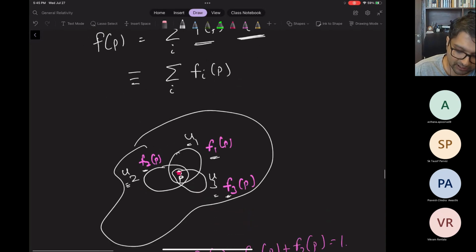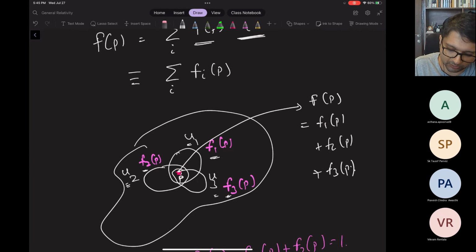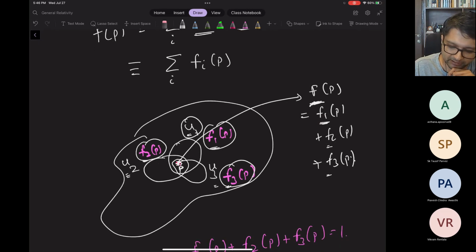So although this point has mapped to f of P, what I do is I break up f of P into 3 parts, f1 of P, f2 of P, f3 of P, in such a way that all of these added up together give me the full f of P. Roughly speaking, it's a way of splitting up f of P into a part associated with this coordinate patch, a part associated with this coordinate patch, and a part associated with this coordinate patch. So this is the way I'm going to take care of the overlaps: I'm going to break up f of P into parts which I can associate with different coordinate patches.